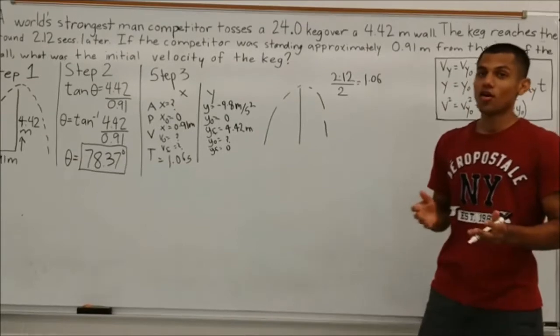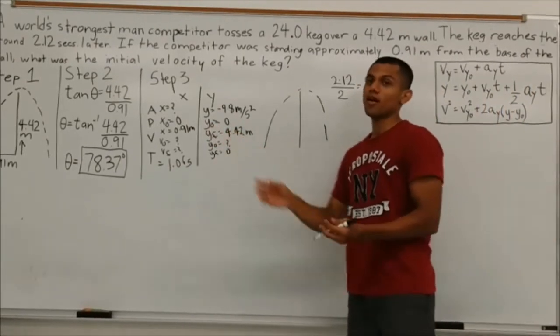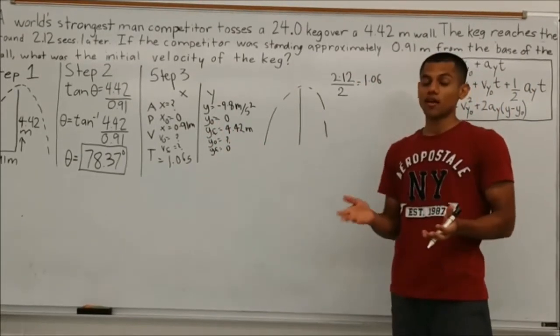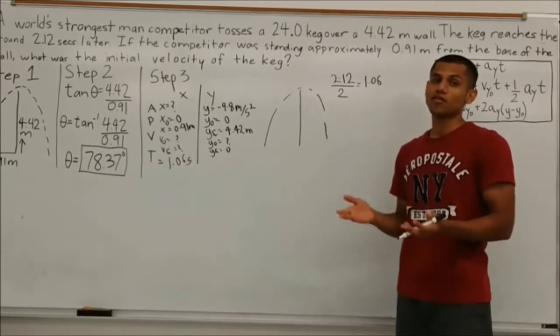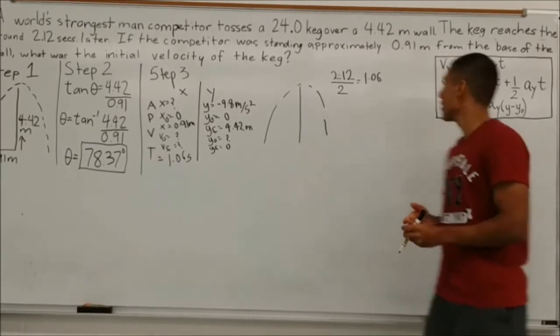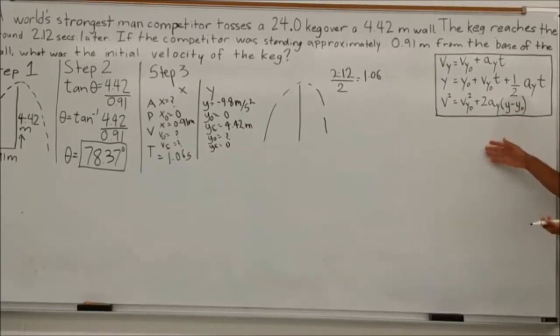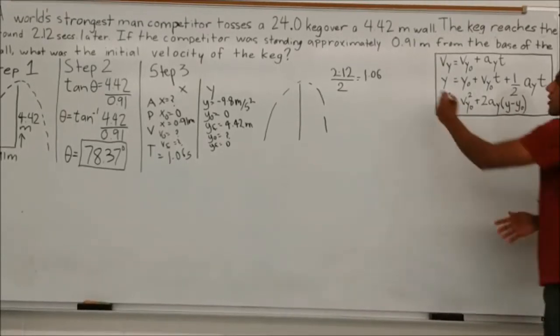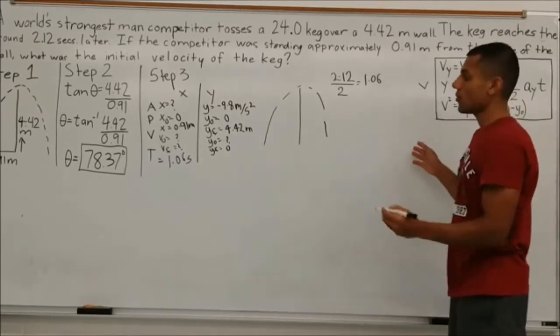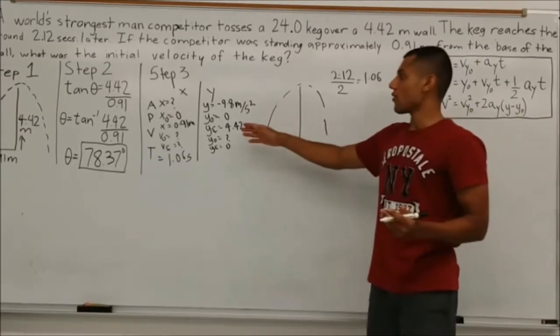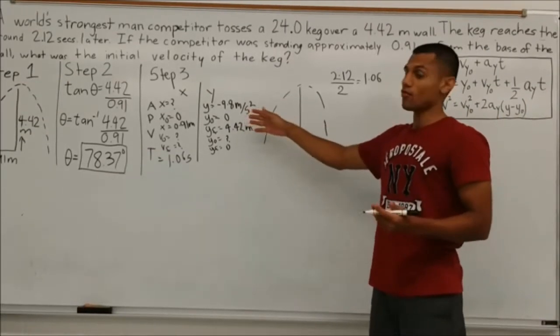So now that we have put all our information in the X and Y table, it's time to find a kinematic equation to find the initial velocity in the Y direction. Here are some kinematic equations for this particular projectile motion. I'm going to use the second one. So we plug in all our numbers from our X and Y table that we created in step 3.